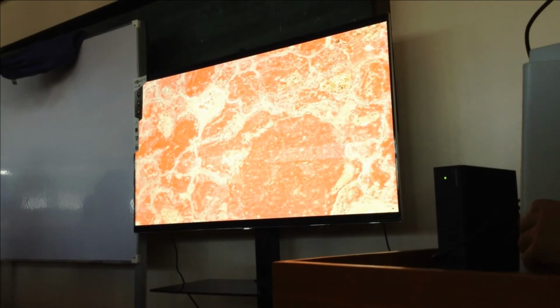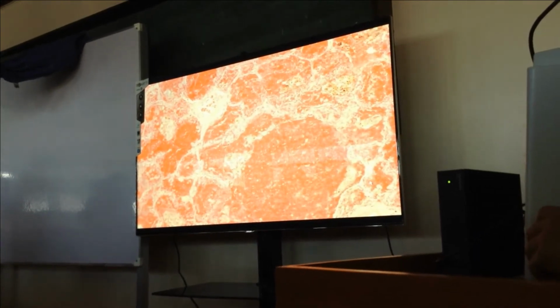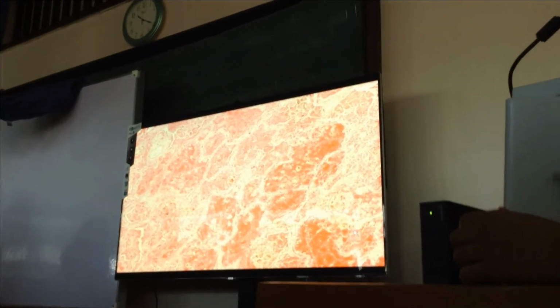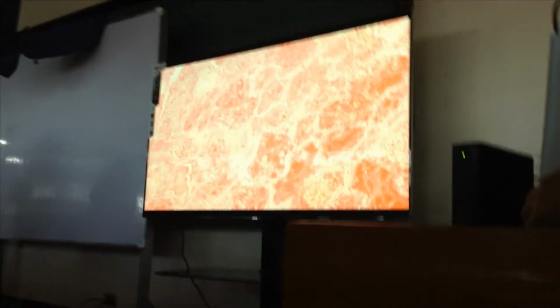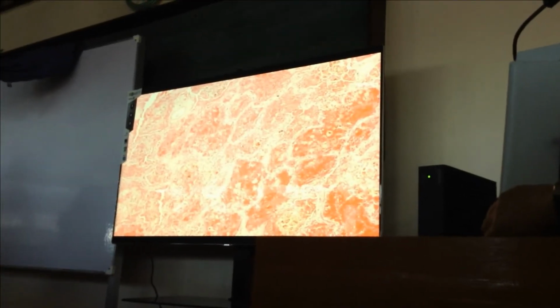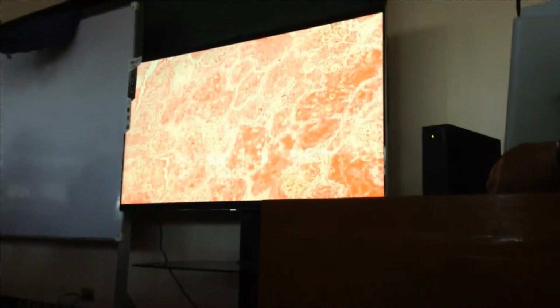What is the abnormality that you can identify in that field? Hemorrhage. Very good. Hemorrhage or bleeding. So the alveolar spaces are occupied by extravasated red blood cells. And then identify the cell pointed.